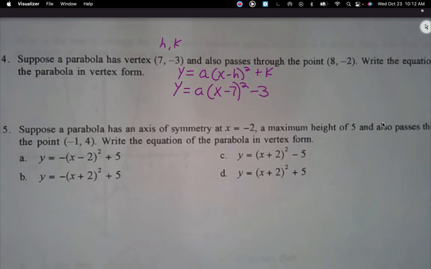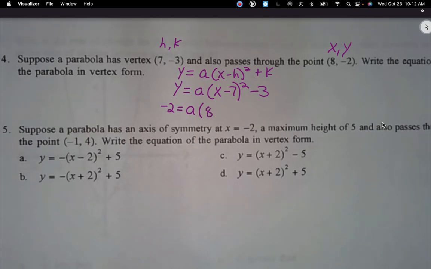Okay, is everybody good so far? Now, we have to figure out a. What else did they give us? An x and a y. Yours is different though, right? So what am I going to do with my x and y? How about I plug them in? So I'm going to say -2. Yours is not -2. Ours is 0. Oh, right, I forgot to write 8.